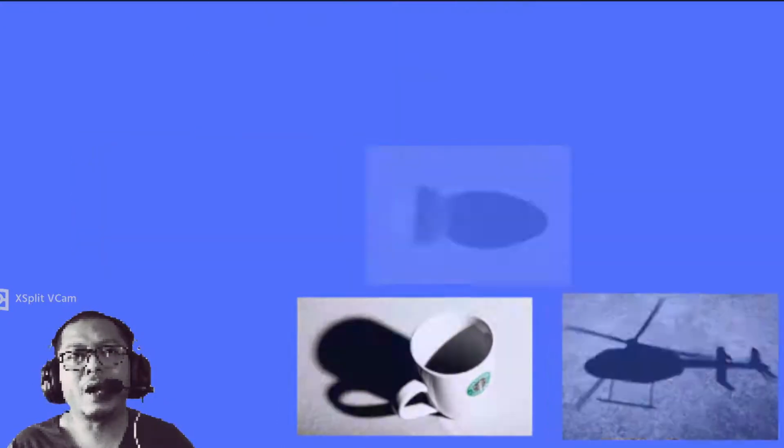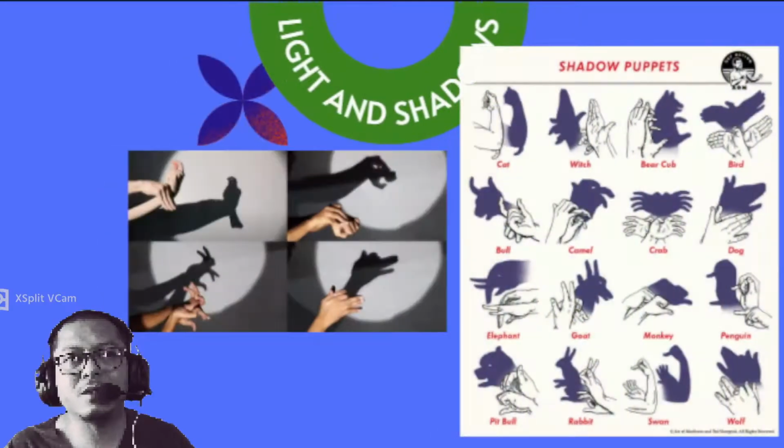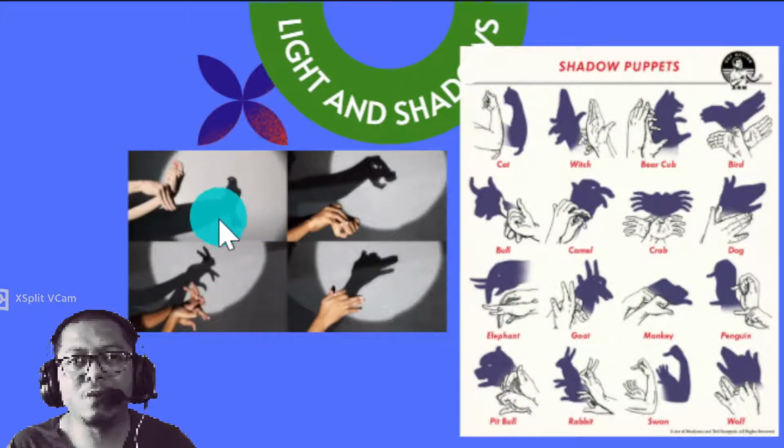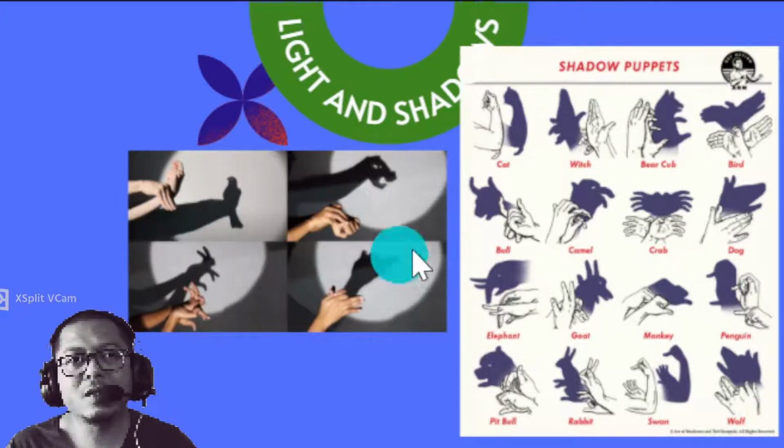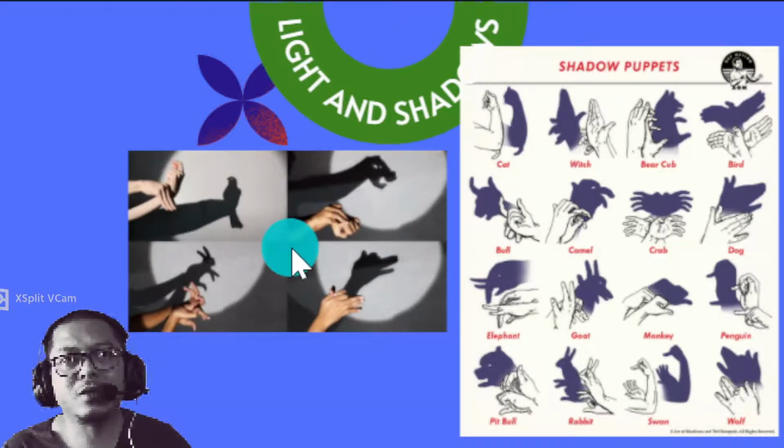But sometimes it's different, like this one. Even though this looks like a shadow of a bird, it is not actually a bird. It is made from a hand. So this is a hand puppet shadow.